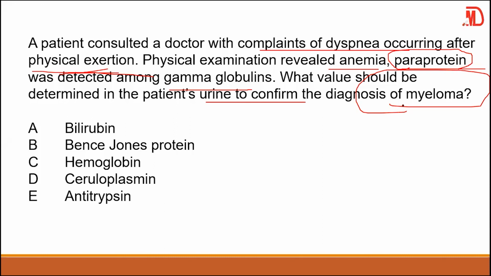If you are dealing with copper, you use ceruloplasmin. That's for copper, for people with Wilson disease. But if it is myeloma or plasmacytoma or paraprotein, please use the Bence-Jones protein. All right.